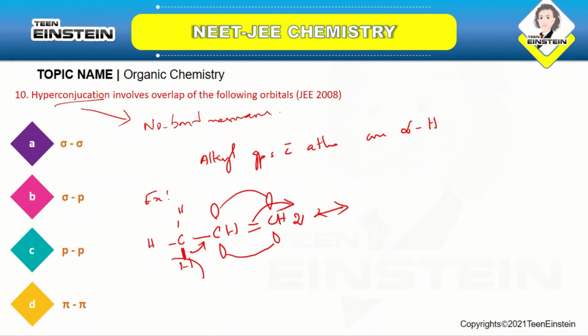These two are the p orbitals. So the sigma electrons of the CH bond are delocalized with the p orbitals of the pi bond.